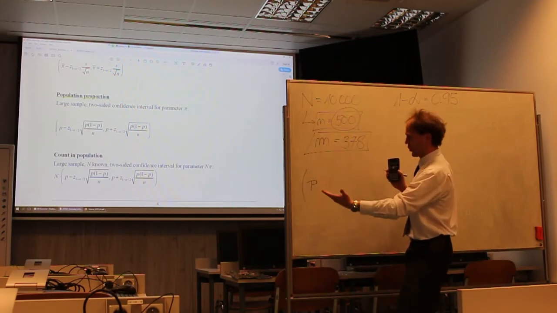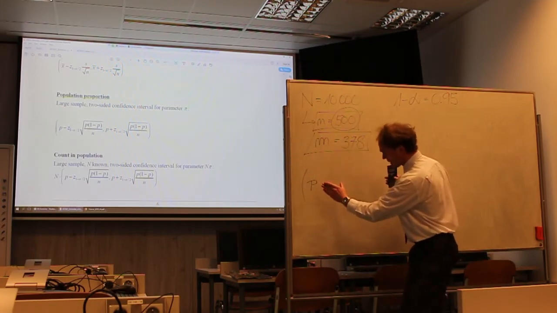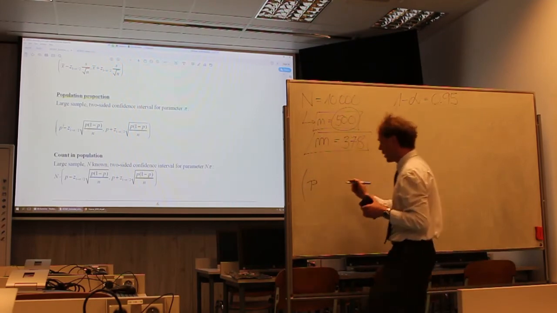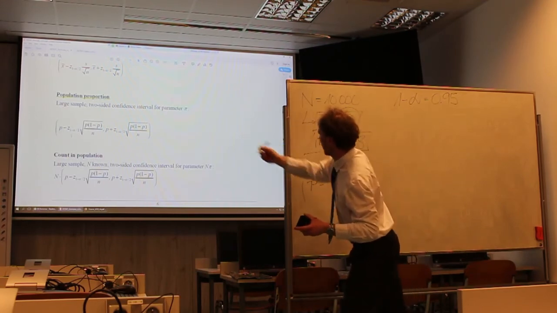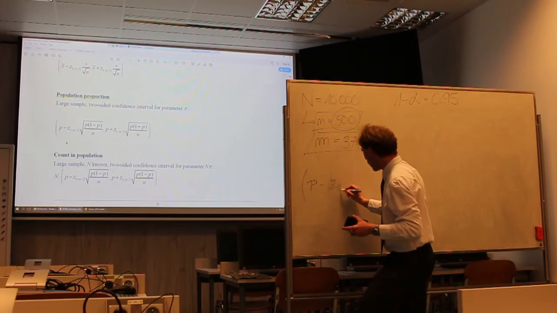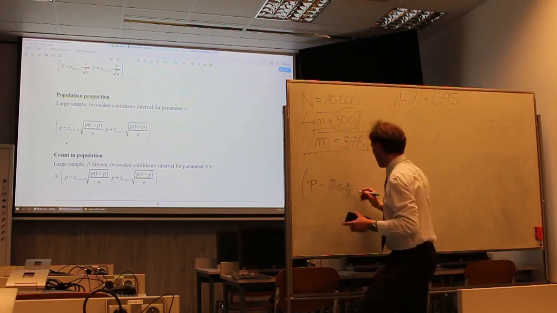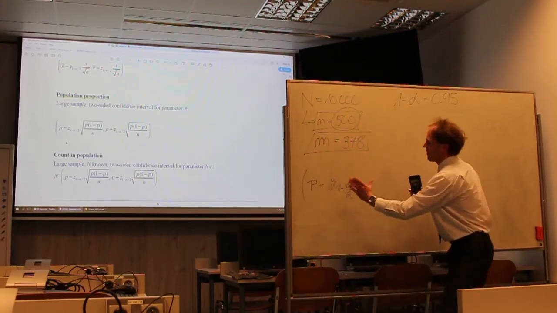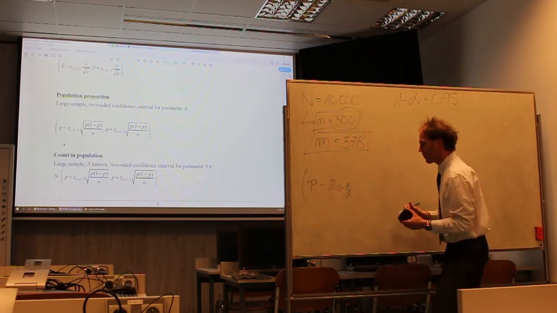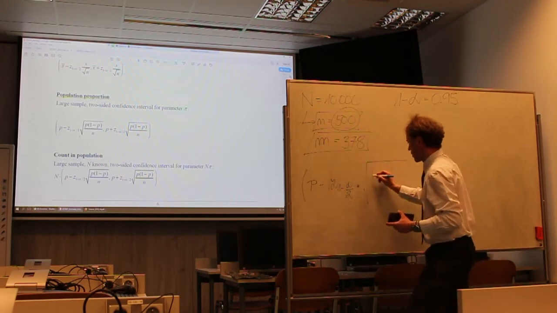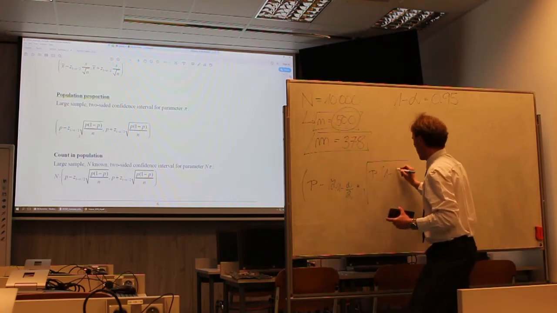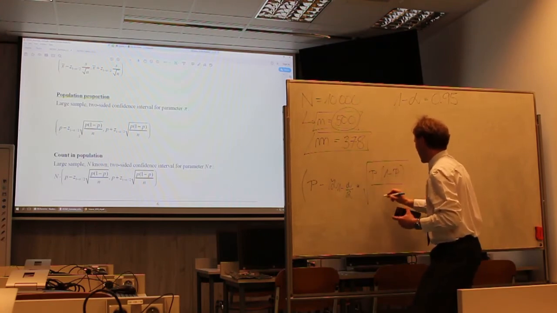P, the proportion of premium quality products in our sample, minus quantile Z 1 minus alpha divided by 2, this is the quantile of the standard normal distribution, times the square root of p times 1 minus p divided by n.